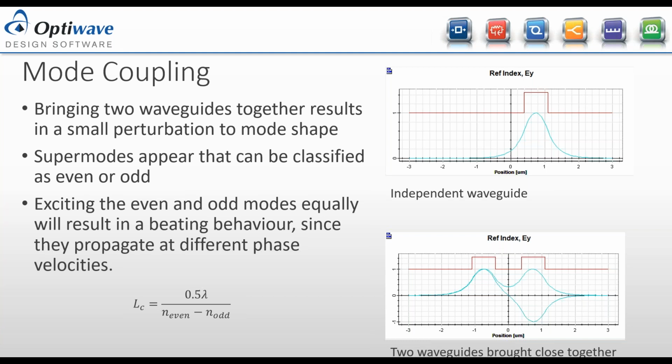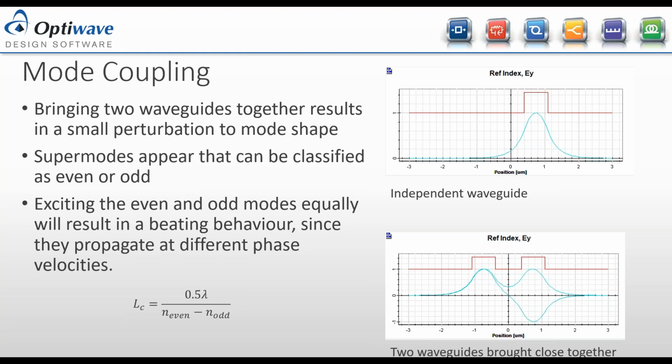You can think of it having one mode, and then if you have another identical waveguide in the bottom picture, if you bring them closer together, if they're still pretty far apart, you can assume that the mode shapes are not being perturbed a lot by the presence of the other waveguide. And you can approximate the mode structure of the two waveguide structure by using the modes of the independent waveguides as a basis.